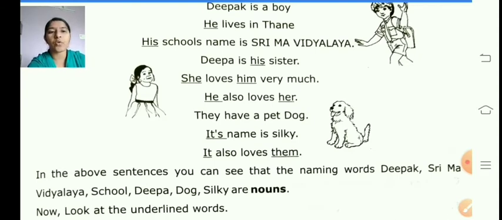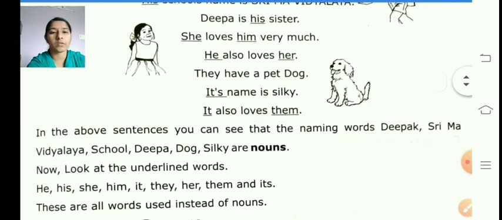So they are called nouns. Now look at the underlined words here. He, his, she, him, he, her, its, it, them. These things are called pronouns.